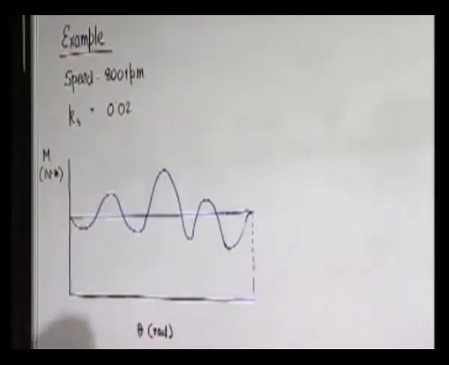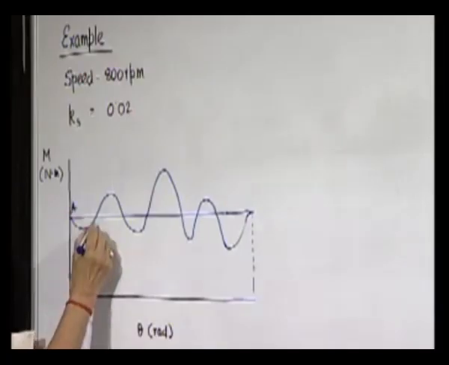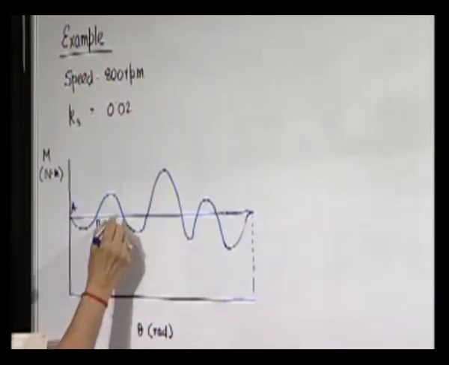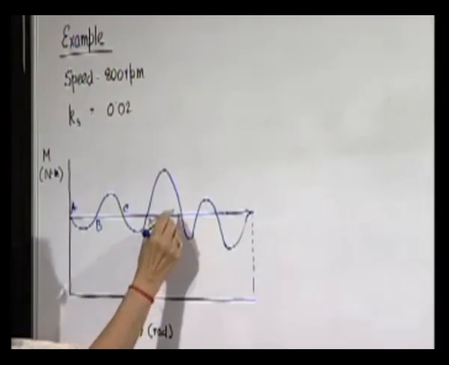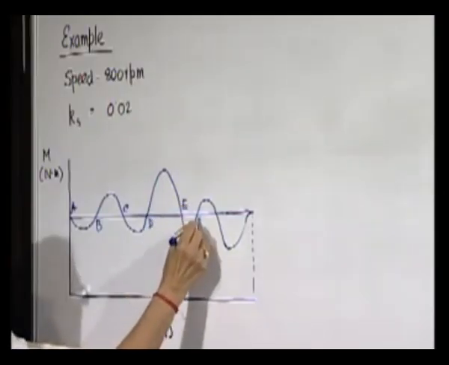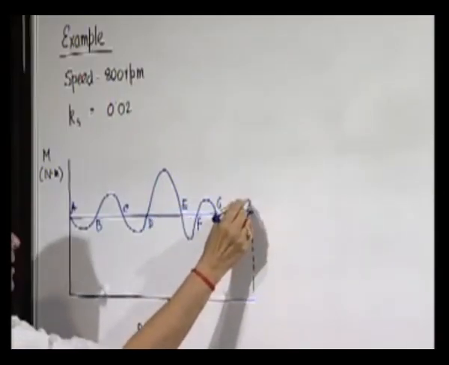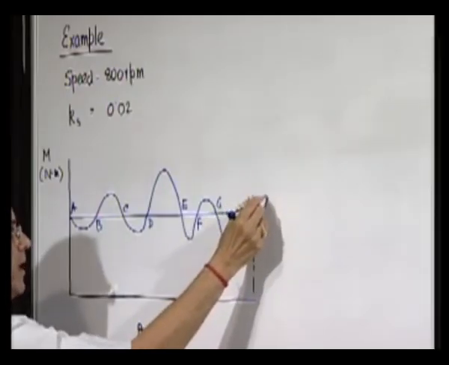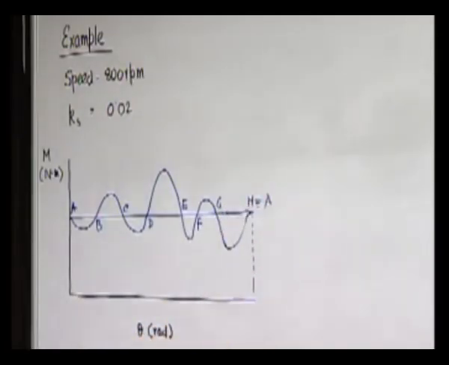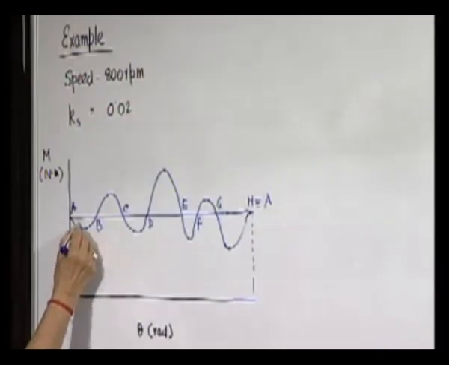This is one cycle. Here this point is A, this is point B, this is point C, point D, E, F, G, H, which is the same as A. Here of course you see that it is again becoming negative, that does not matter.